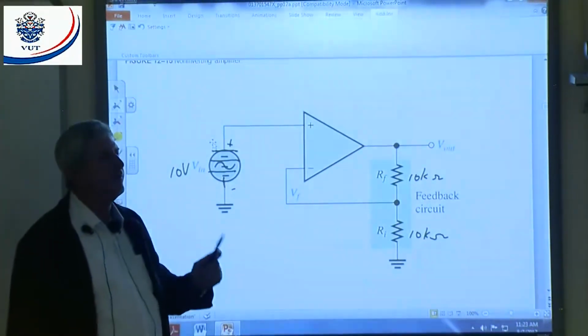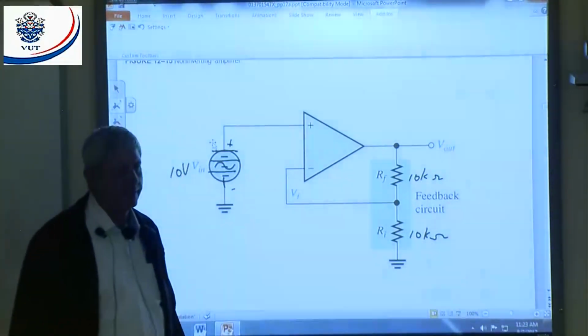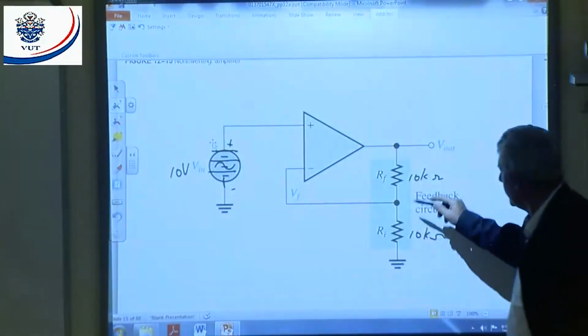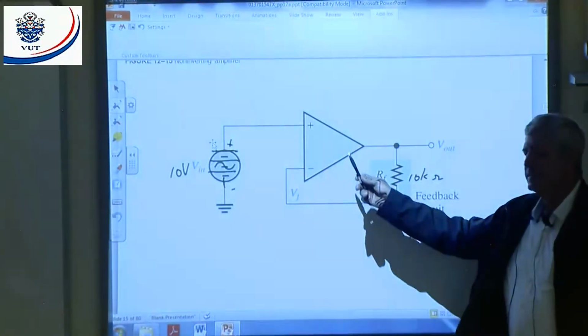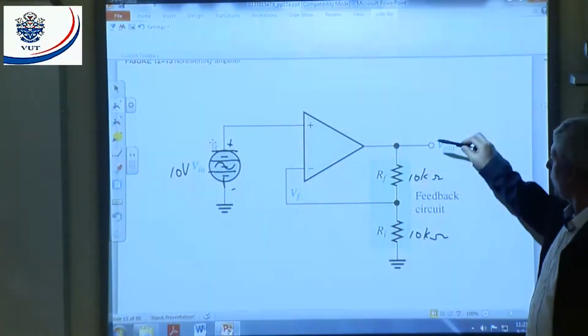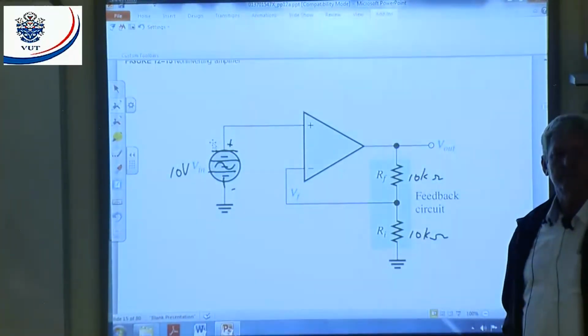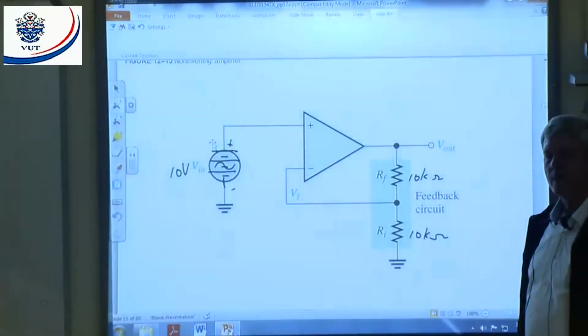But now we must have a look, what should the output be to feed back positive 10? That means the volt drop across R in should be 10 volts. You with me? And now I'm feeding back 10 volts there. That means what must the output be to feed 10 volt back? The output should be 20.